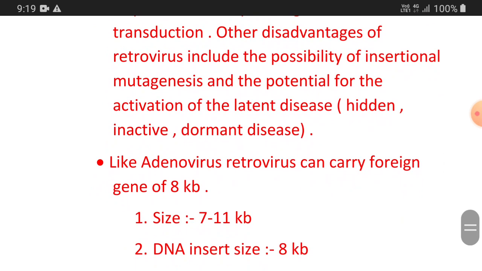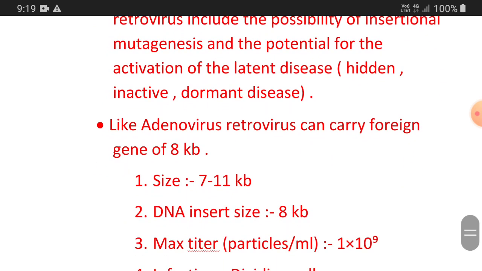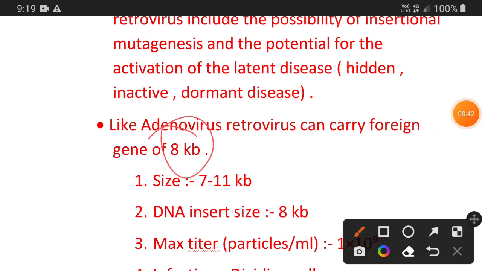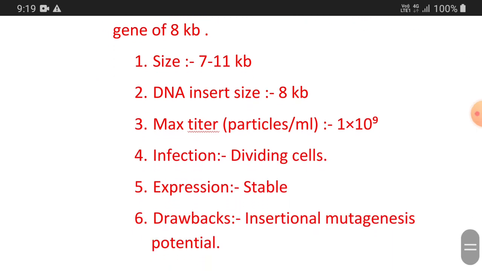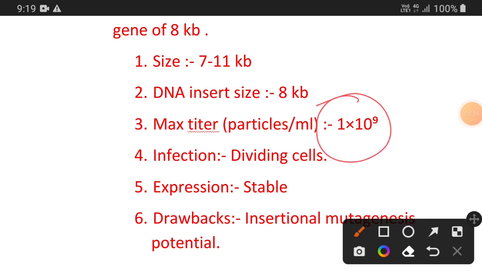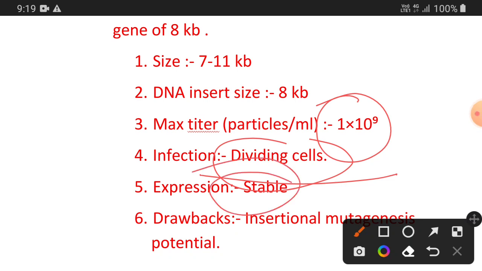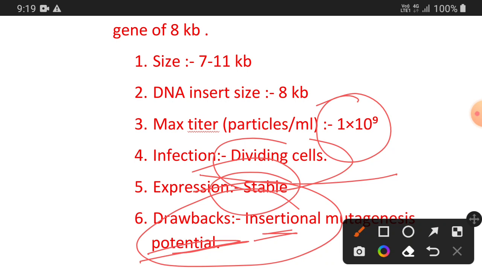Like the adenovirus based vector, retrovirus has a foreign gene insertion size of 8 kb, with a genome of 7 to 11 kb, and the maximum titer is 1 times 10 to the power 9. Infection is only possible for dividing cells, expression is stable, and the drawbacks are the potential for insertional mutagenesis and activation of latent disease.